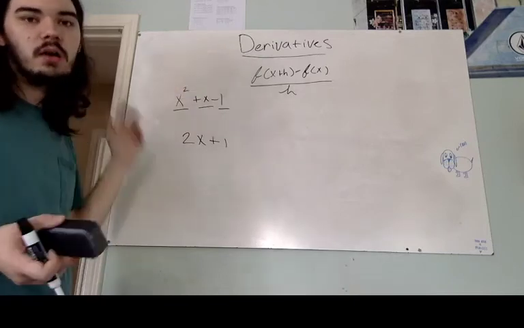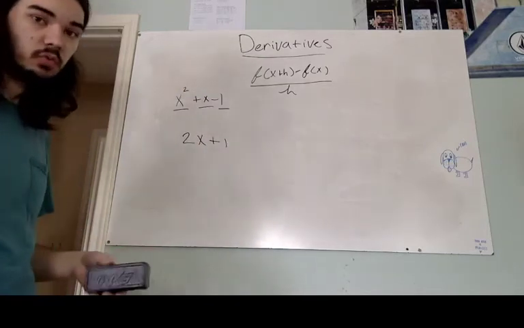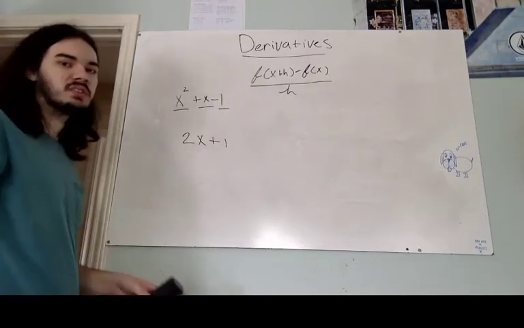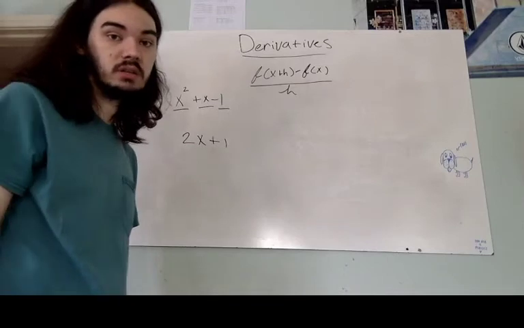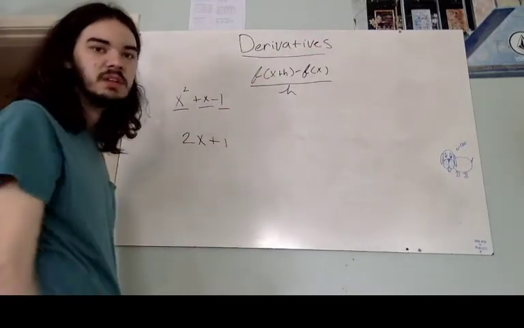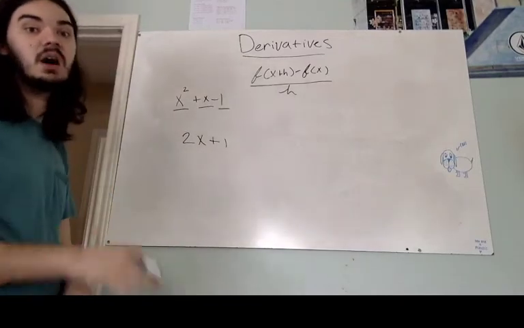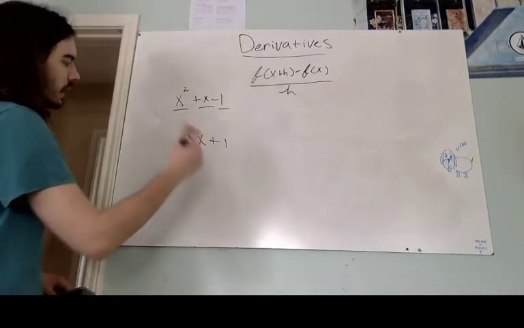Let's think of y equals x, right? And it makes sense because the slope of y equals x is 1, so we get 1. Well, what's the slope of y equals negative 1? It's 0, right? There's no slope, it's a horizontal line. So it becomes negligible. The derivative of any constant is 0, okay?